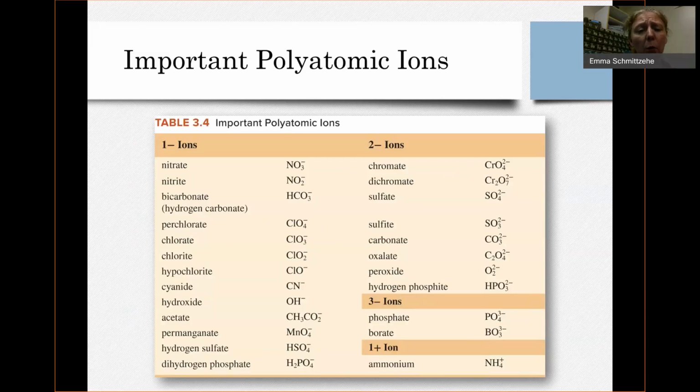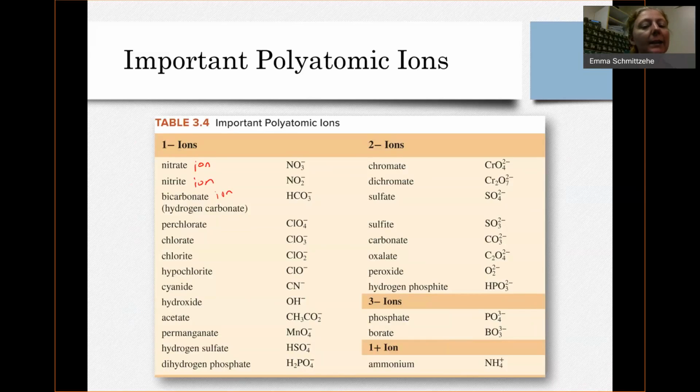I did want to point out one other thing here, and this is pretty common when you look up tables of polyatomic ions. They won't give you the complete name. All they're giving you is the name, without the word ion. Technically all of these things should have the word ion after them. So it's nitrate ion, nitrite ion, bicarbonate ion, and so on.